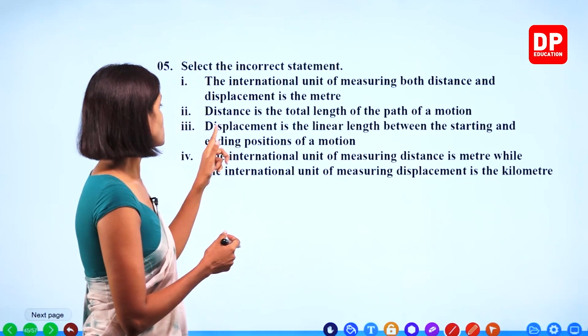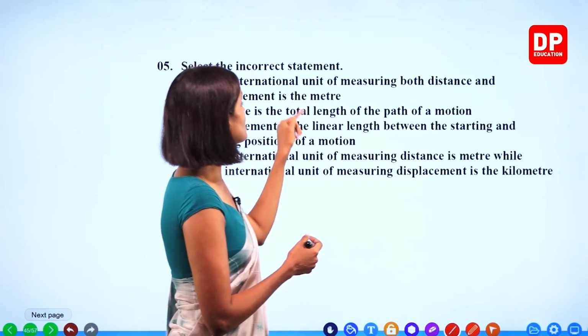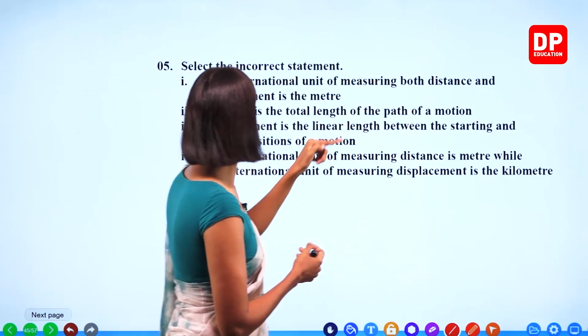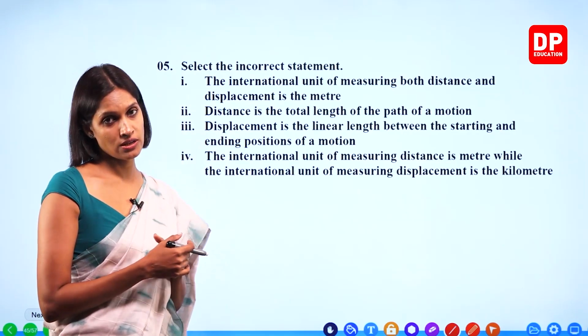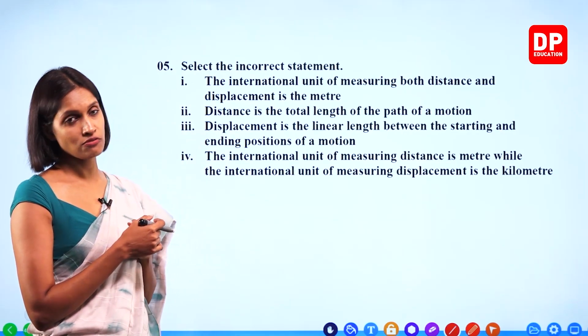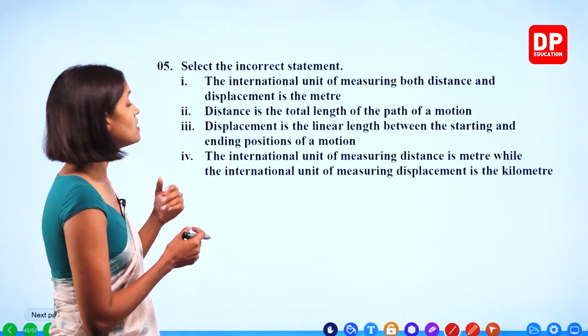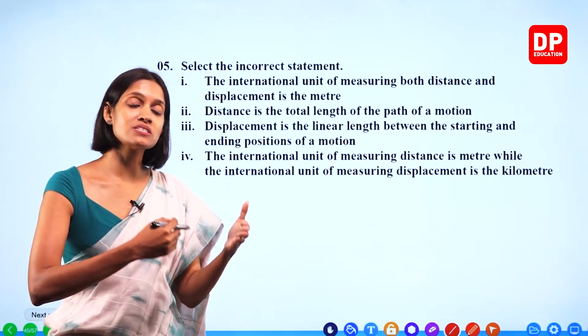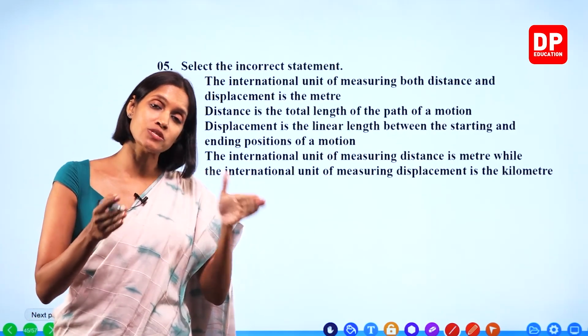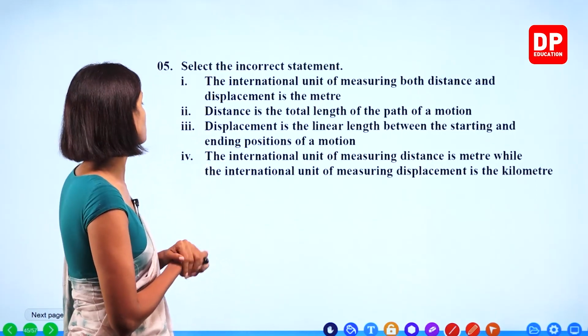Next one. Displacement is the linear length between the starting and ending points of a motion. That is also correct. When you consider a motion, the linear length between the start and the end, which means the shortest possible distance, is known as the displacement.